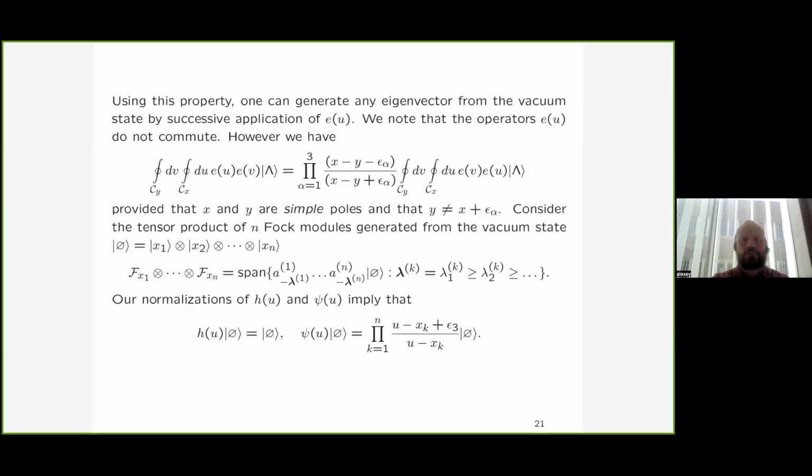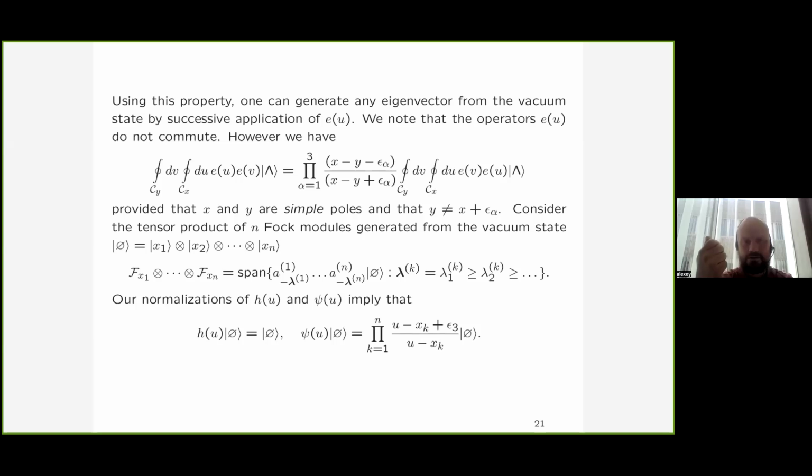You might be worrying that your currents E do not commute. You remember that they form some algebra, including the local terms, and that means that taking the singularity might depend on the order in which you take these singularities, and which state you obtain.